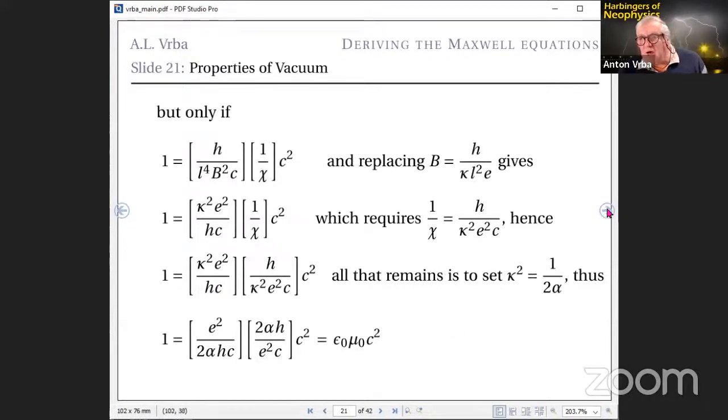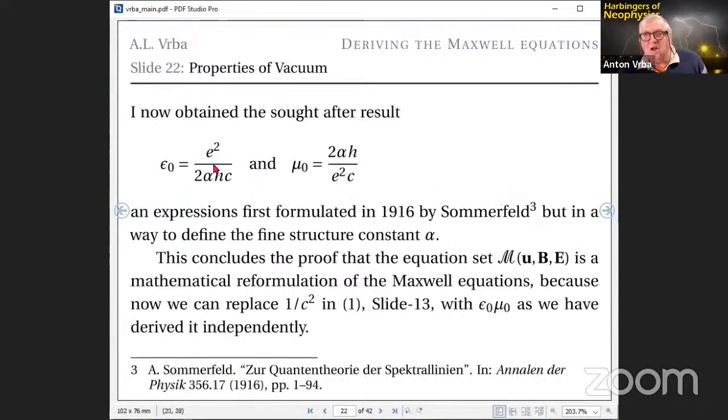So having obtained epsilon 0 and mu 0, which is the way that it is defined now at NIST, and from the work that Sommerfeld has done, I conclude that MUB ER is a reformulation of the Maxwell equations.